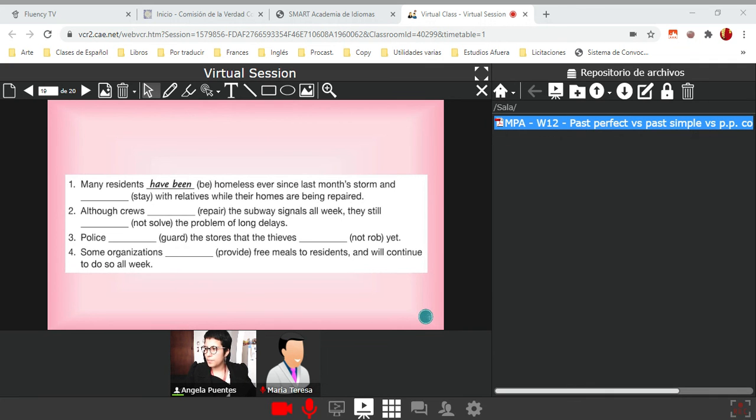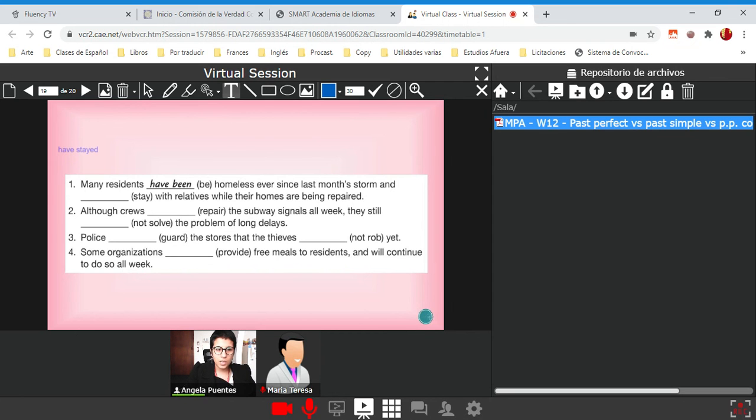Okay, so the first one. Many residents have been homeless ever since last month's storm, and have stayed with relatives while their homes are being repaired. Okay, very good.